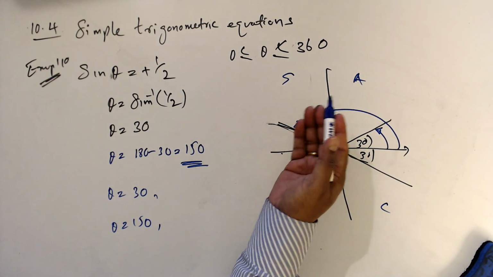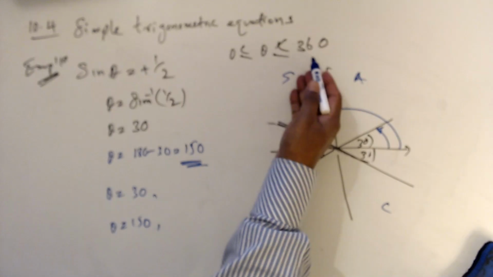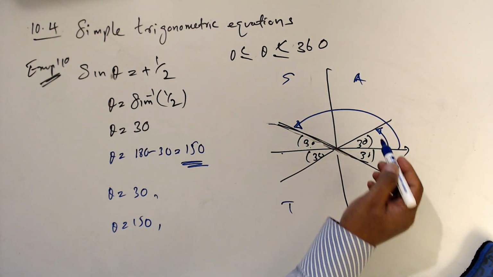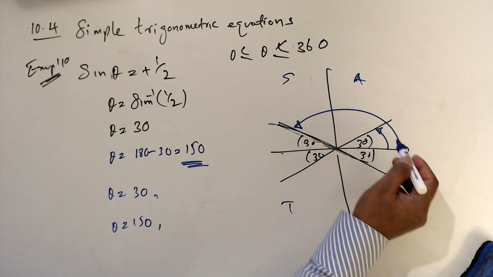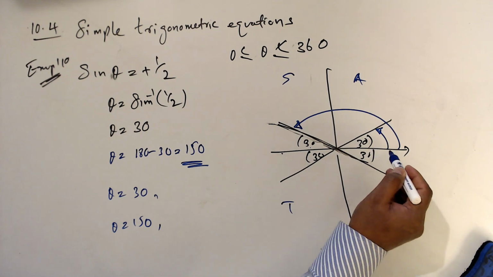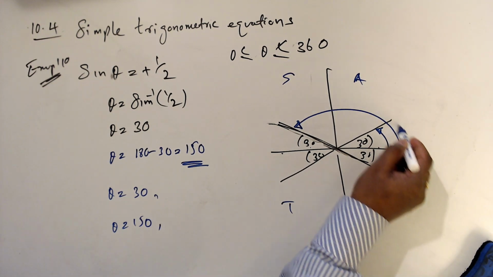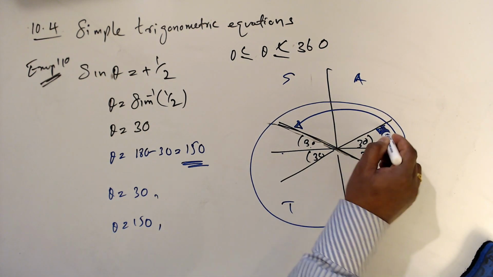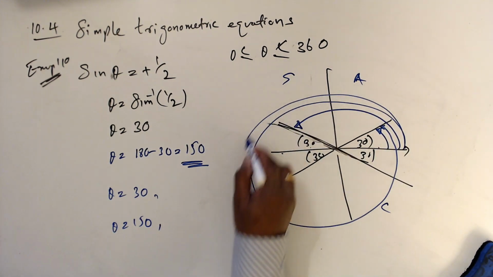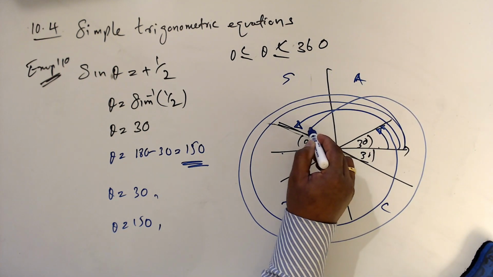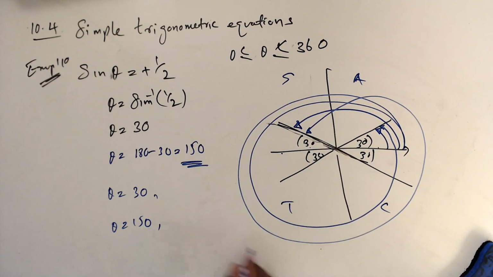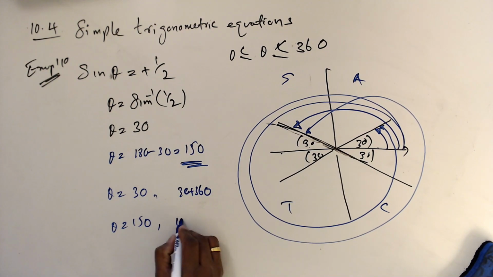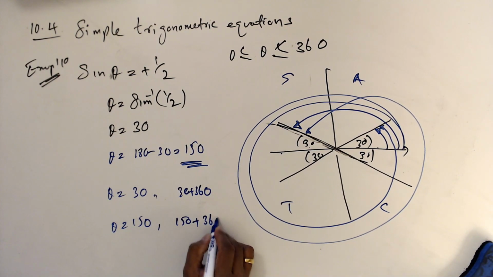If they give a range, you can now add 360s and get more answers. The next one is this one, a whole circle and come back. The other one is a whole circle and come back up to here, which is 30 plus 360 and 150 plus 360.